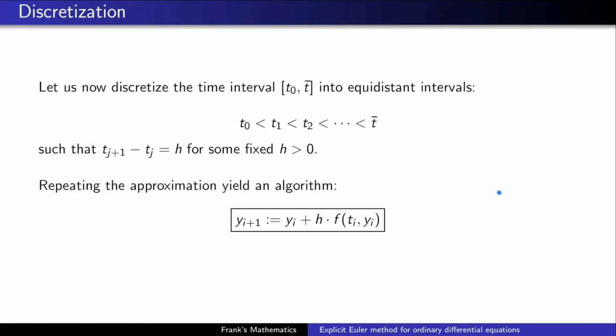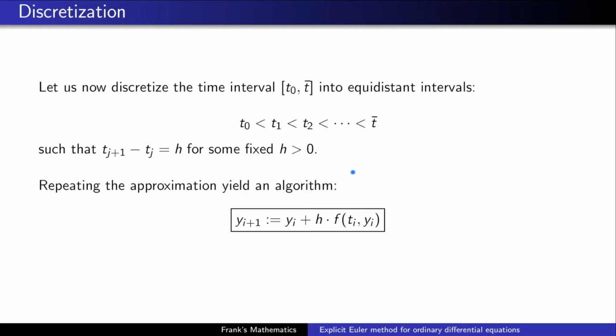And we can move this a little bit further. So let us now discretize the whole time interval, which is from t0 to bar t, into equidistant intervals. So t0 is less than t1 is less than t2, and so on, such that all neighboring t's have the same distance. So t j plus 1 minus t j should be h with some fixed h.